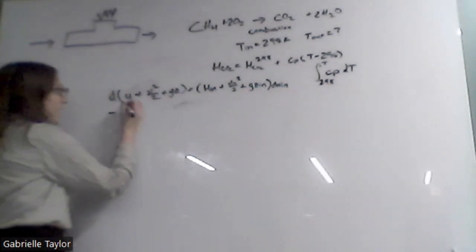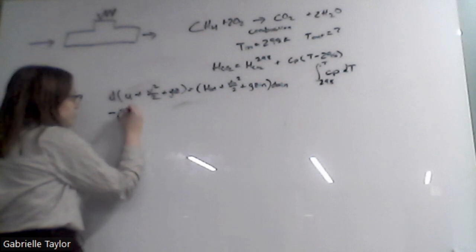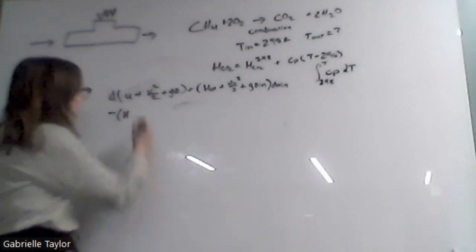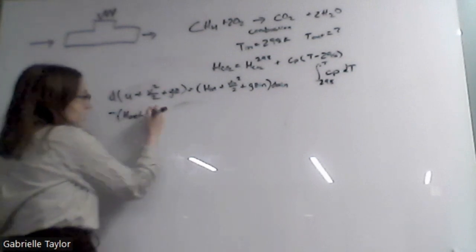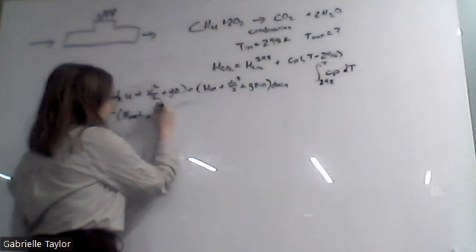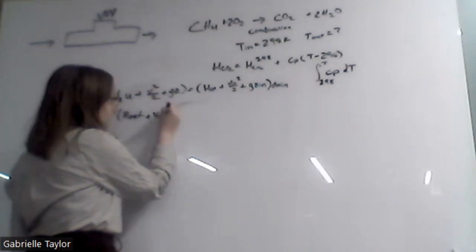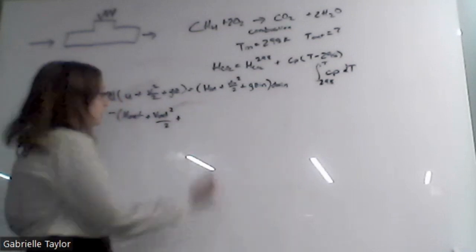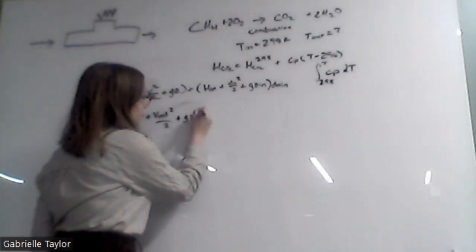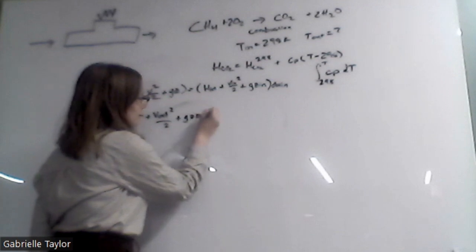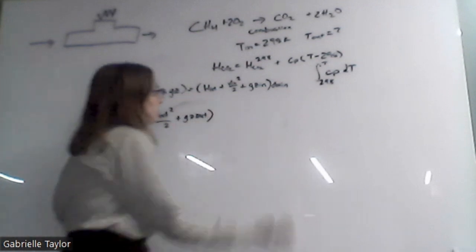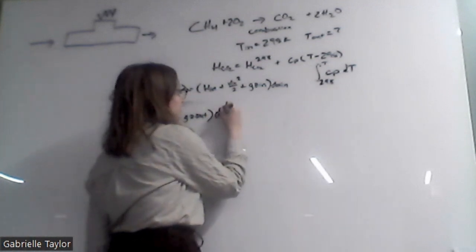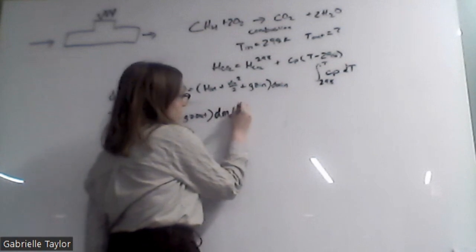the differential amount of change of energy coming out of the system plus the differential amount of kinetic energy coming out of the system plus the differential amount of potential energy coming out of it, multiplied by the differential amount of mass coming out of it.